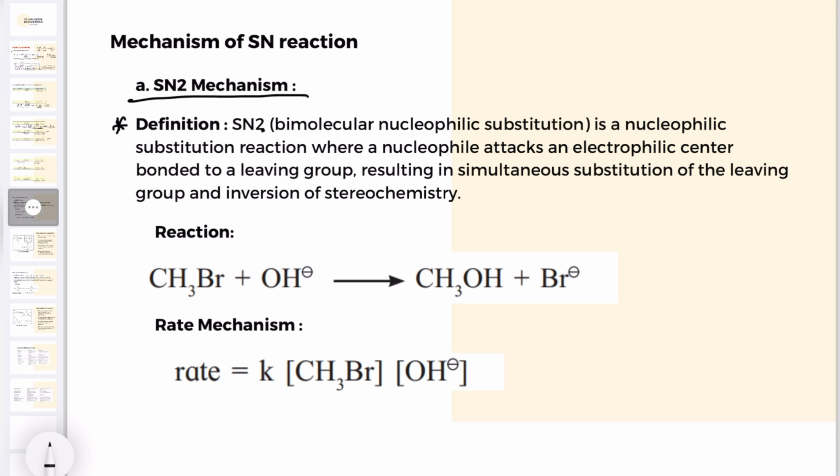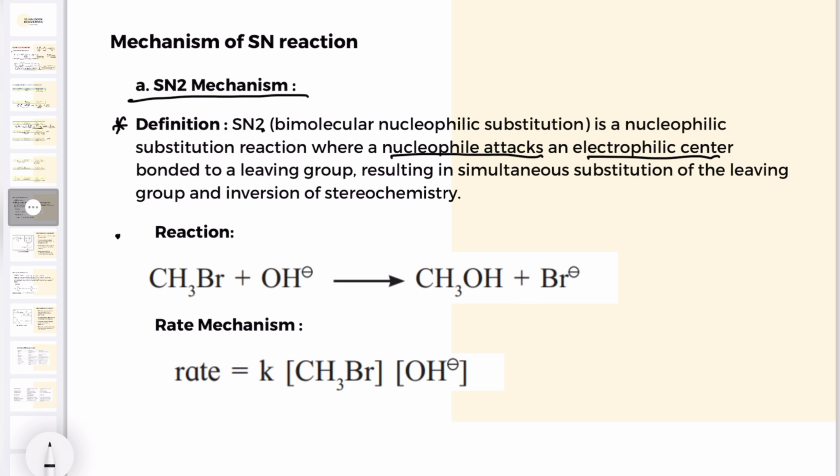So SN2 is a bimolecular nucleophilic substitution, a nucleophilic substitution reaction where a nucleophile attacks an electrophilic center bonded to a leaving group, resulting in simultaneous substitution of the leaving group and the inversion of stereochemistry. This is the perfect definition of the SN2 reaction.